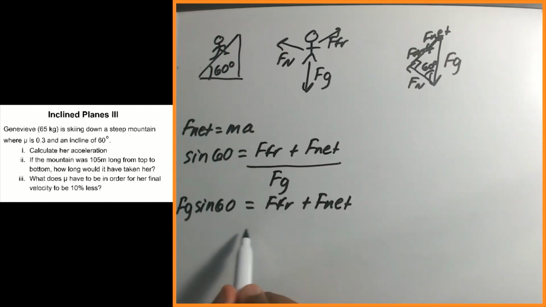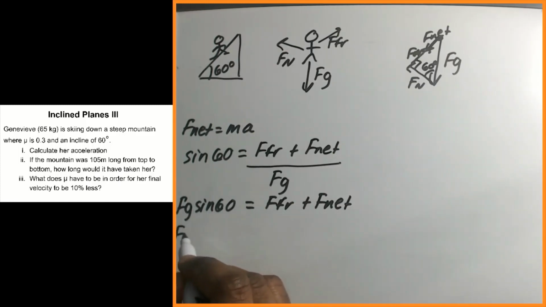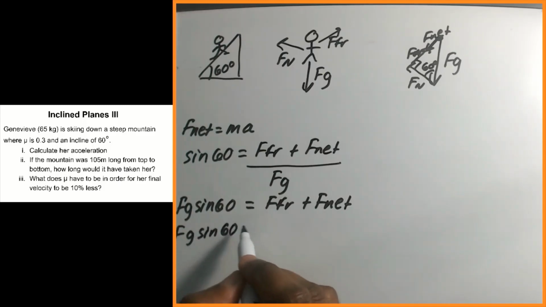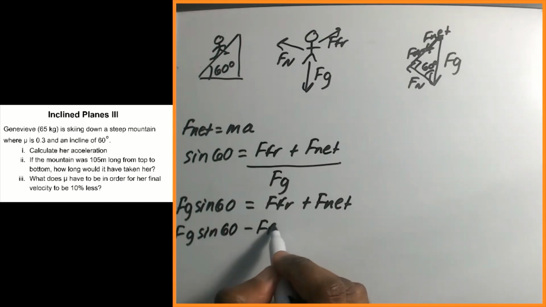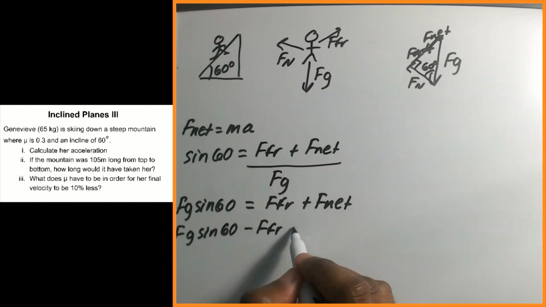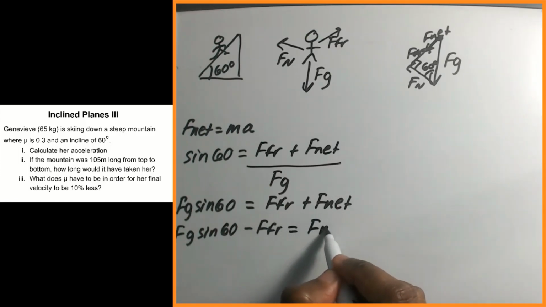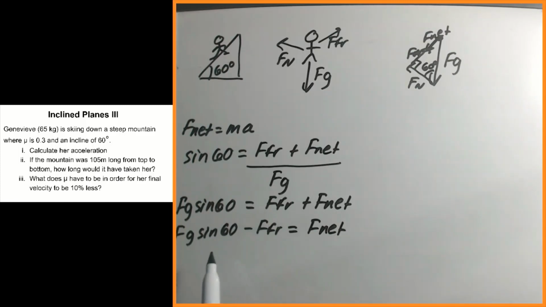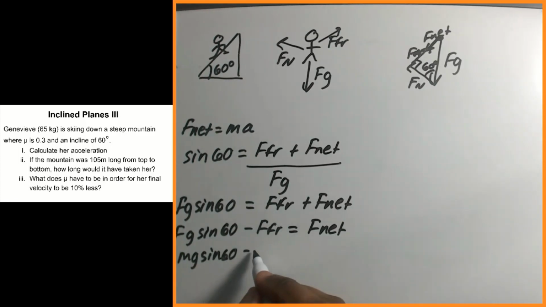Then we can move over the friction, so it becomes Fg sine 60 minus F friction is equal to F net. And now let's break up all the individual components. Remember, Fg is just equal to mg, and friction is equal to mu times Fn.